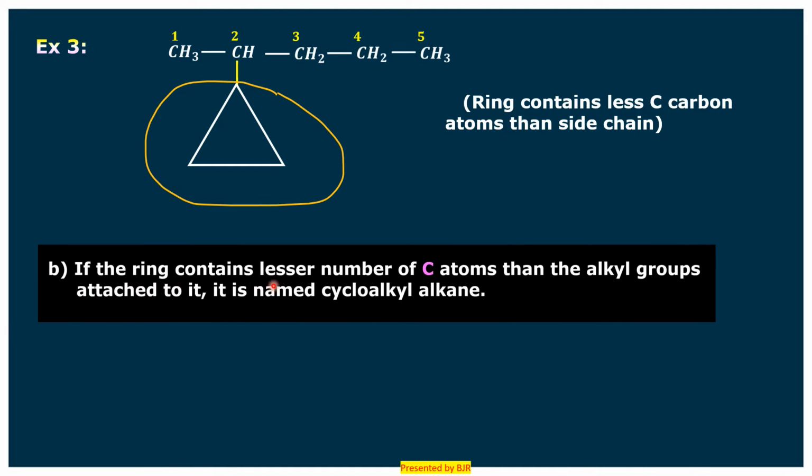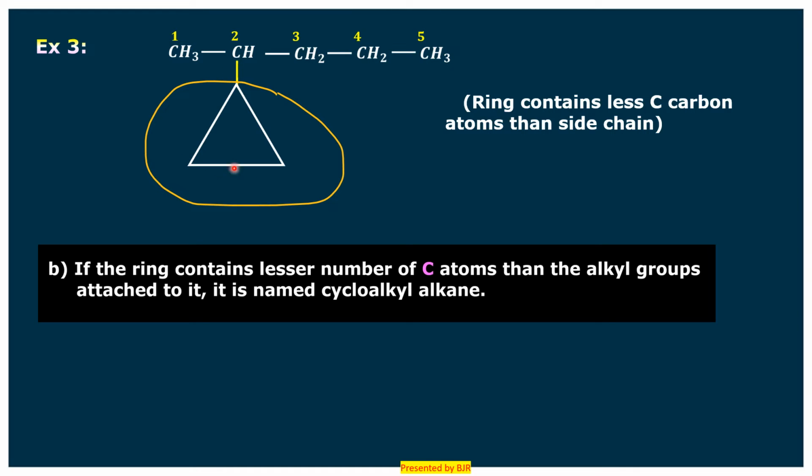If the ring contains a lesser number of carbon atoms than the alkyl group attached to it, it is named cycloalkylalkane. So we have to derive the parent name from this side chain only.